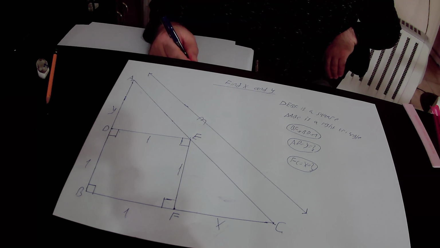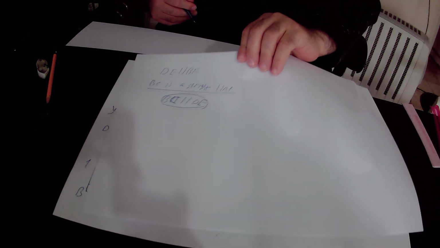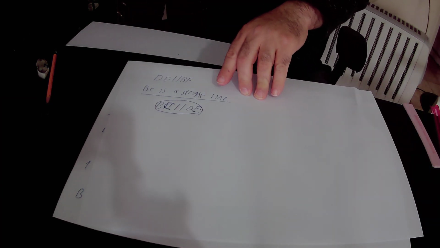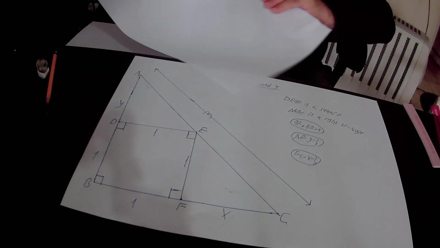Okay, according to our conclusion, BC is also parallel to DE because if a part of a straight line is parallel to another straight line, then the straight line itself will be also parallel to that straight line.